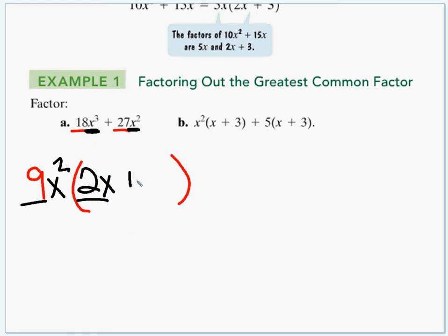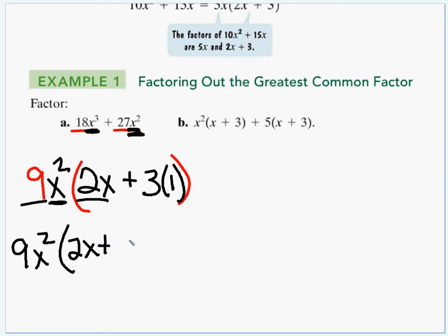And then we have our plus sign. 9 times what would be 27, or 27 divided by 9 would be a 3. And the x squared was factored out in its entirety, so there's nothing left attached to the 3. There could be a 1 there as a placeholder, but we really don't need it because we have the 3. So to make it look a little better, our answer is 9x squared times the quantity 2x plus 3.